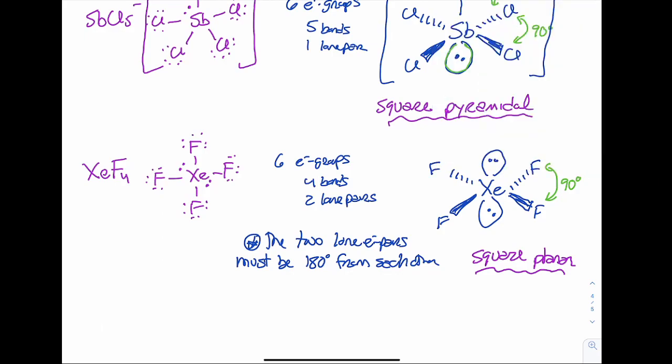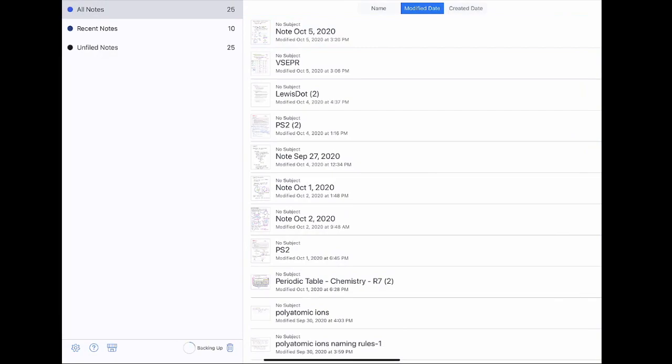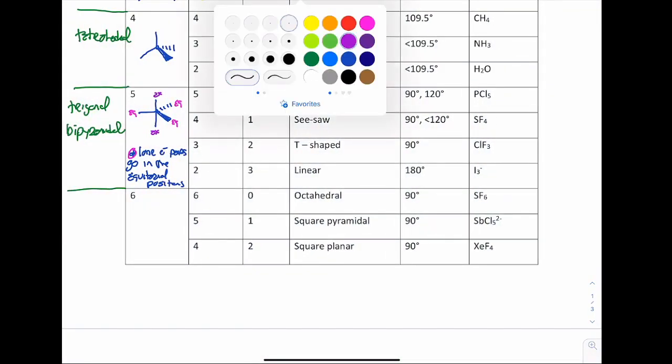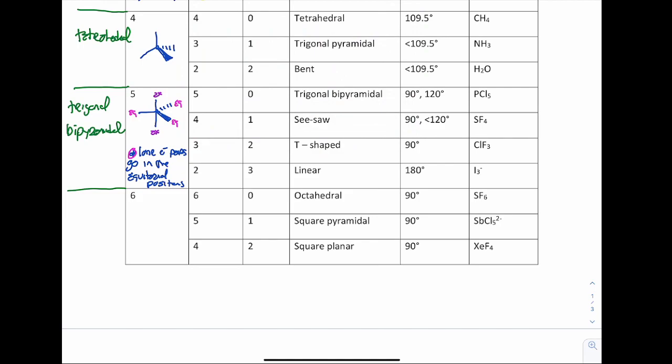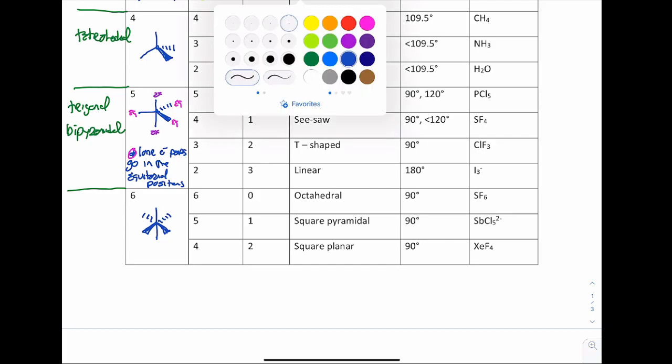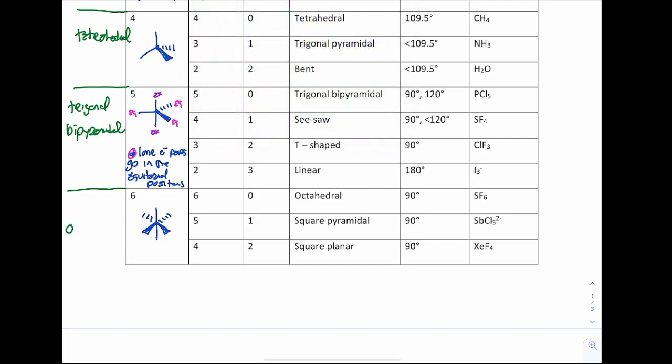I want to go out to that handout one last time here, and we'll add our octahedral structure. On each side we have one coming out and one going back. So our electron domain geometry is octahedral. And remember, if I have 2 lone pairs, they have to be across from each other. So if I put my first lone pair here, my second one has to be here.